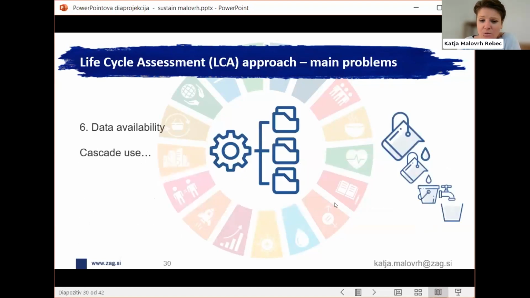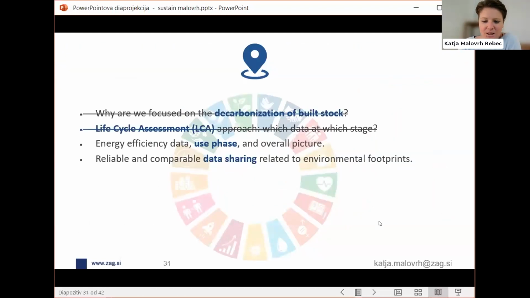As you know, we have this cascade use of data in the LCA, so we don't just calculate everything from the ground up, and that's why it's so important to have good, reliable data, and for sure, if it were open source, open to everyone, that would be the greatest option.